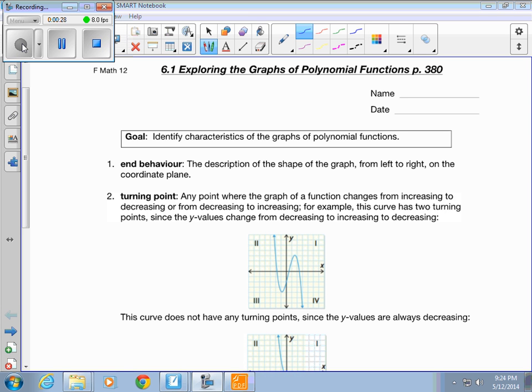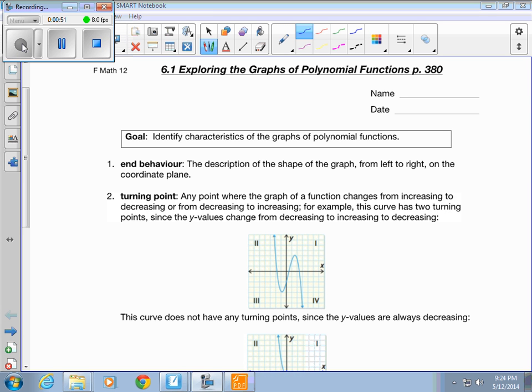So end behavior is this description of the shape of the graph from left to right on the coordinate plane. You start on the left side of the graph, and you say in quadrant 2 that it is positive, goes down into quadrant 4 where our graph is negative.